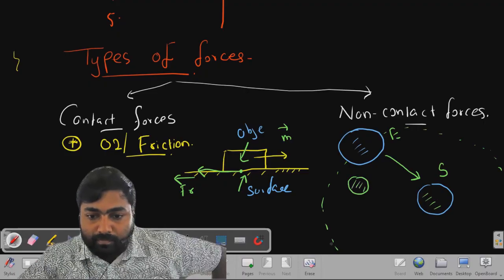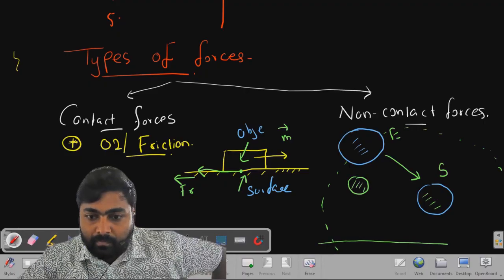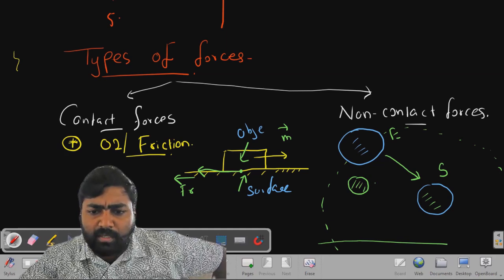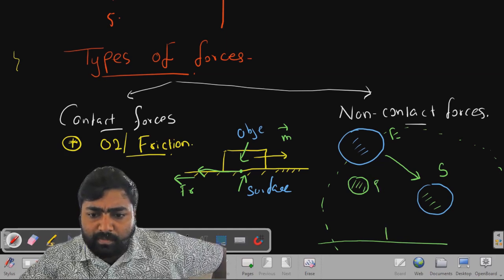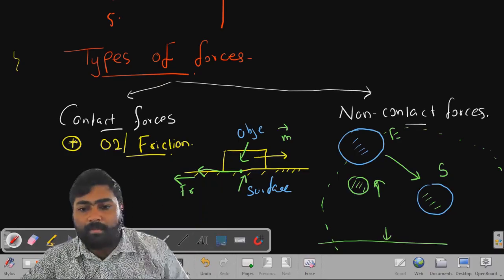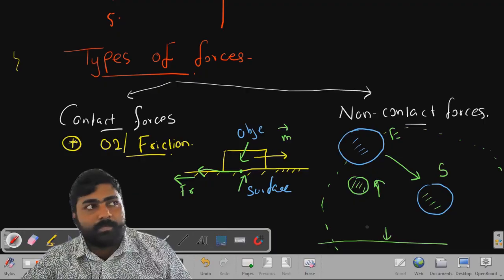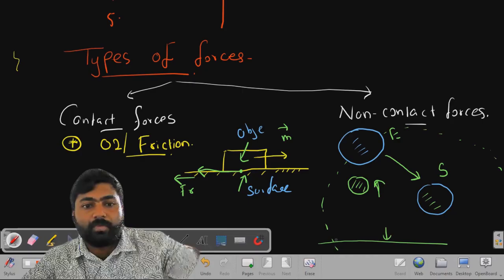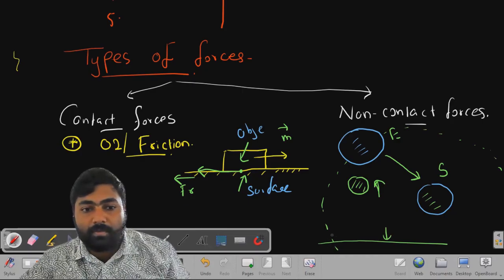Think like this: when you put a stone or something from a higher place, what happens? You move to the top of a building and drop something towards the ground.